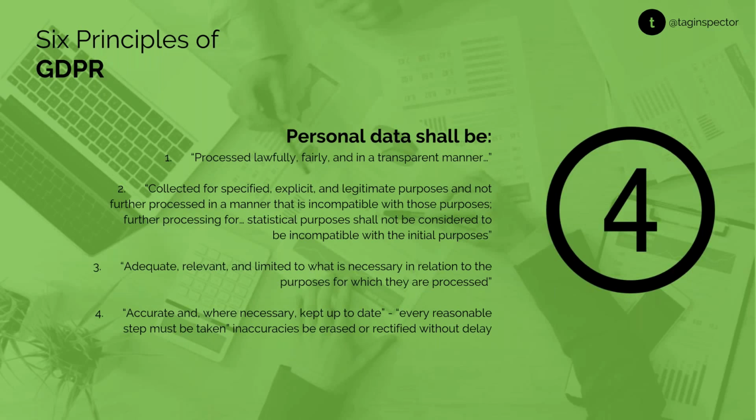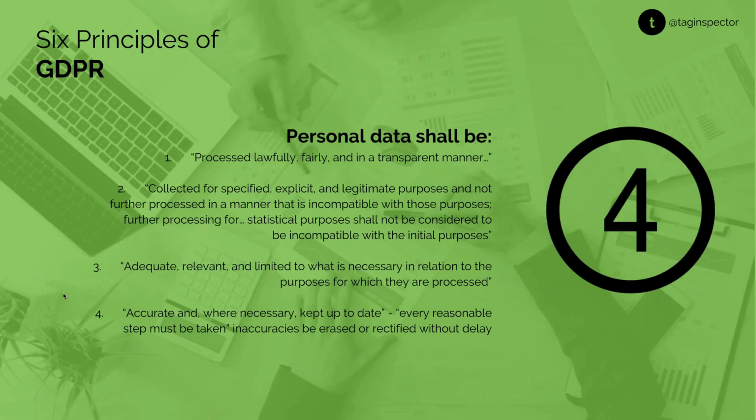Another important piece here is that if you share data with any other processor, with any other controller, you need to notify them of that inaccuracy and update them so that they can also update that inaccurate record.